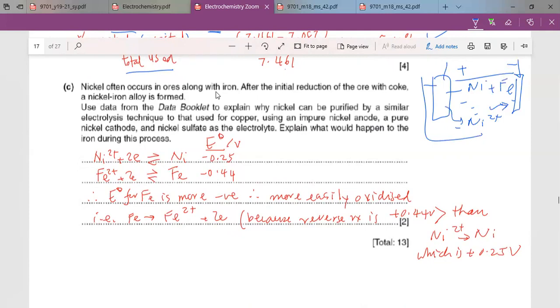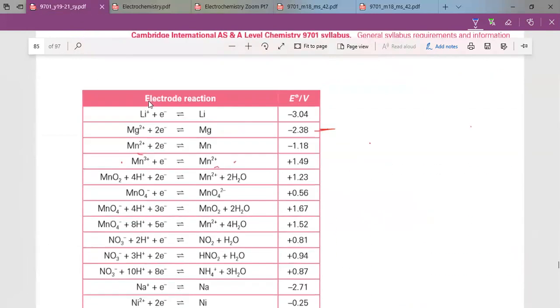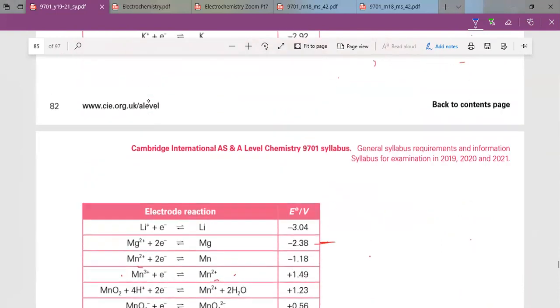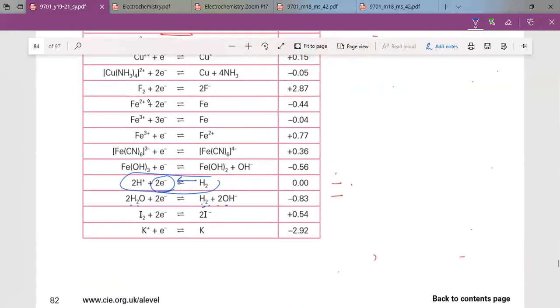Of course, now these are the two things here. I quote exactly, remember, in reduction form, from the table. Ni2+ plus 2e- to Ni, E0 of negative 0.25, and of course iron, Fe2+ plus 2e- to Fe.